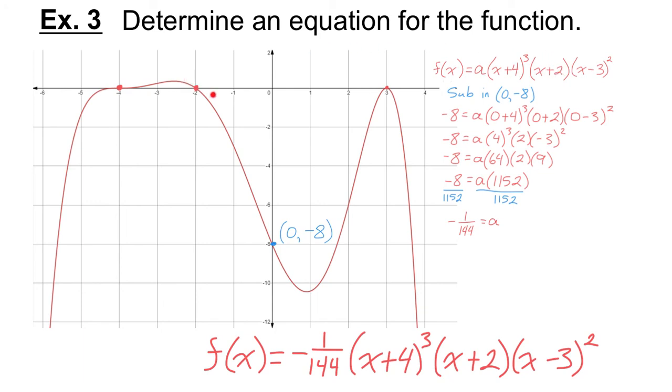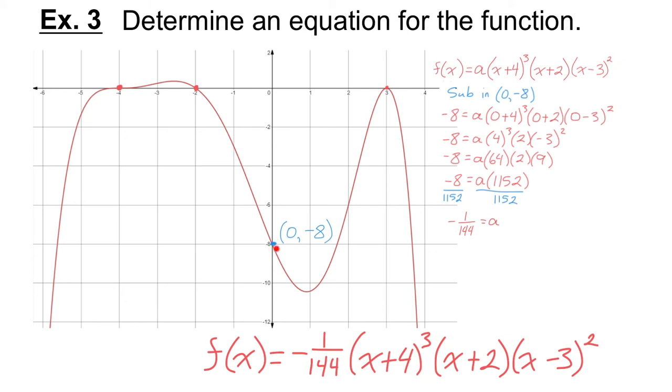The graph goes straight through, no twists, so the exponent would be 1, and this x-intercept is 3, which is x minus 3 as a factor. The function enters and exits the x-intercept on the same side, so that's an exponent of 2.